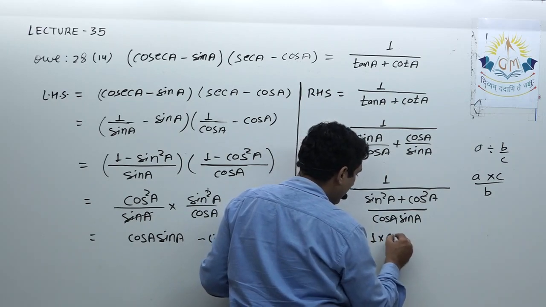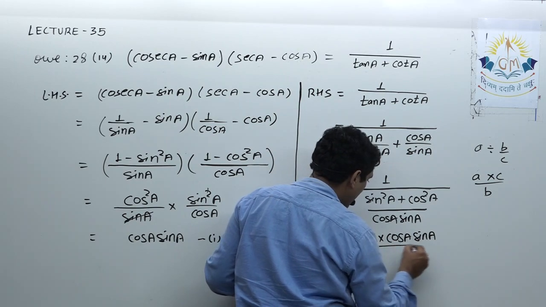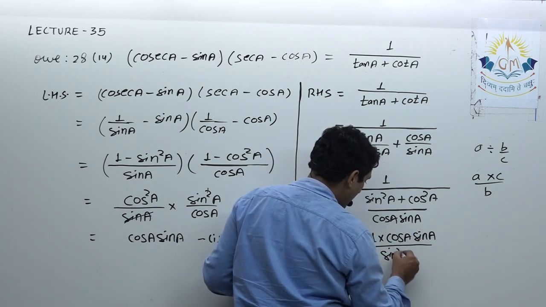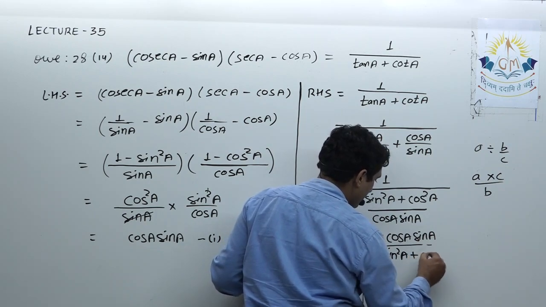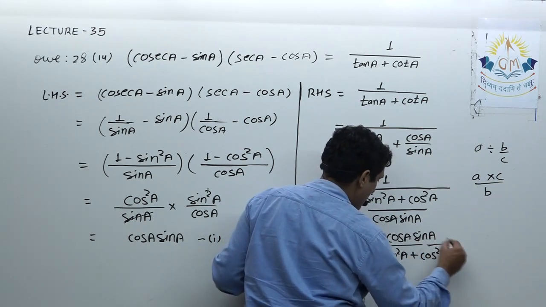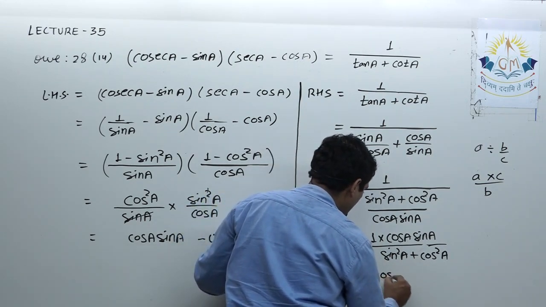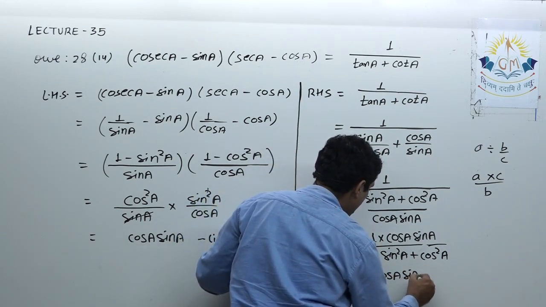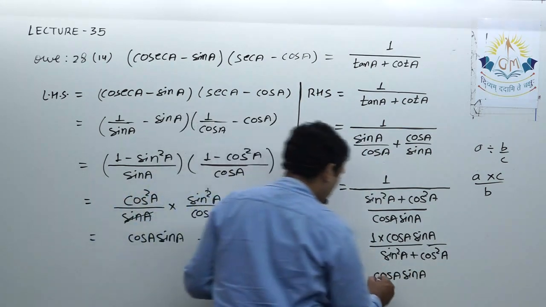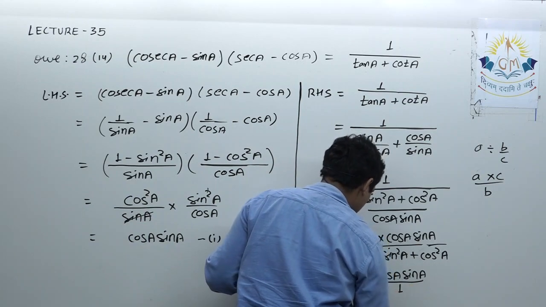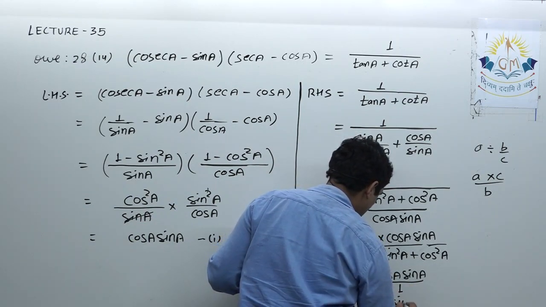So 1 multiplied by cos A sin A, and the denominator remains sin square A plus cos square A, which is 1 only. So ultimately I will get cos A sin A.